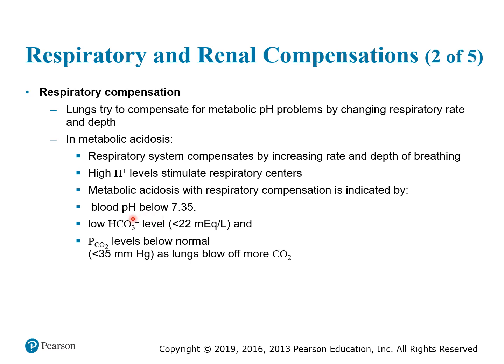If the pH is below 7.35, it is acidosis. Just as a reminder, the normal blood pH is 7.35 to 7.45. So if the blood pH is below 7.35, we know this is acidosis. Now we have to know the cause.